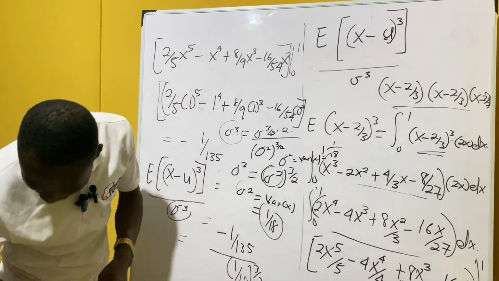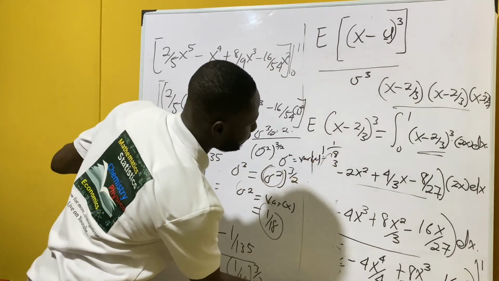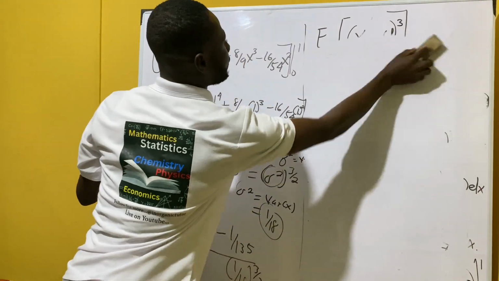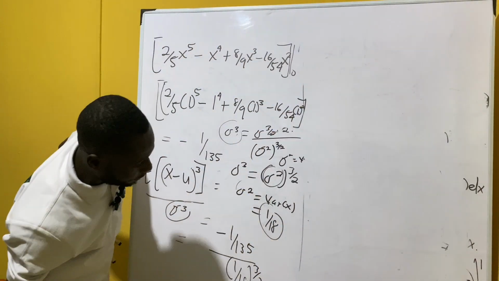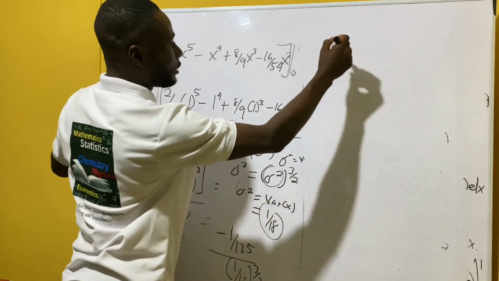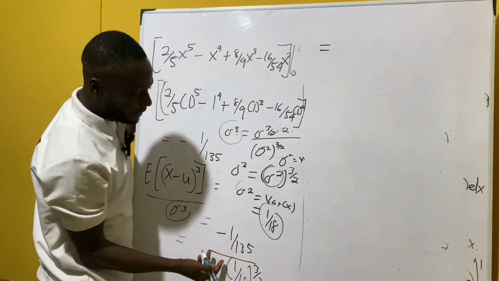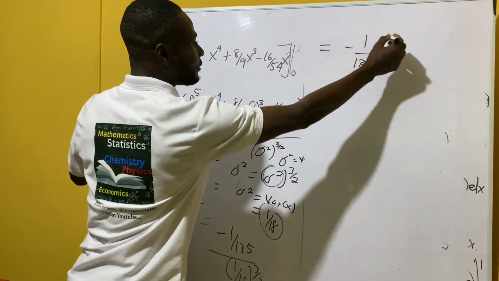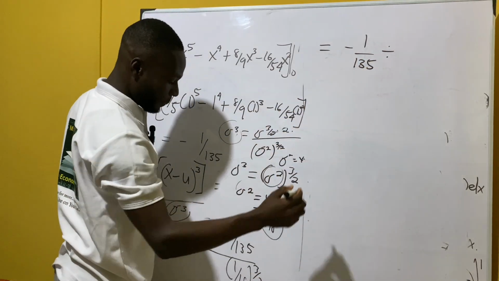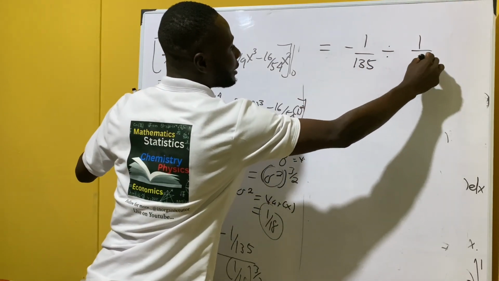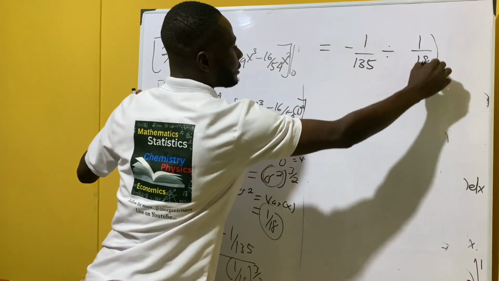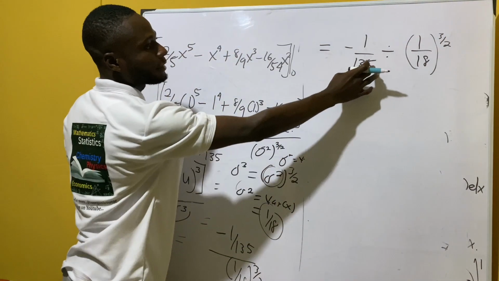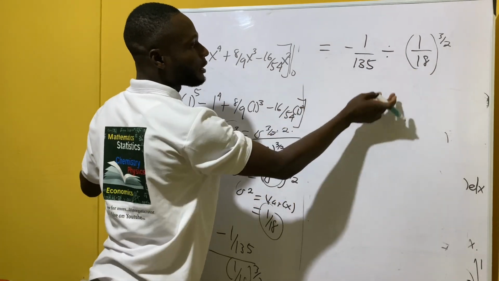So this further simplifies to minus 1 over 135 divided by 1 over 18. This comes down and this goes up.